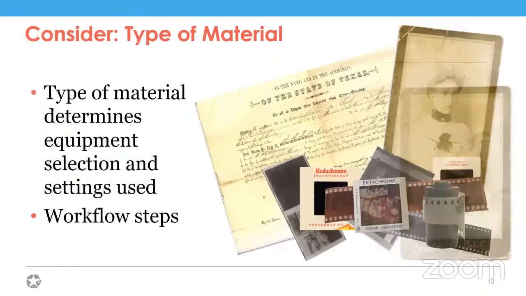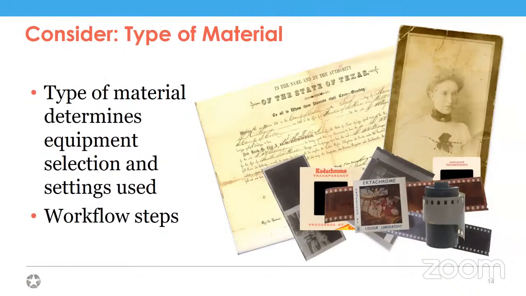Okay, so type of material. The type of material is going to determine your equipment selection and the settings you will use. Printed books and documents are pretty good to put together. Handwritten journals or letters are kind of good to group together as well. Photographs, photographic negatives, transparencies, and slides.